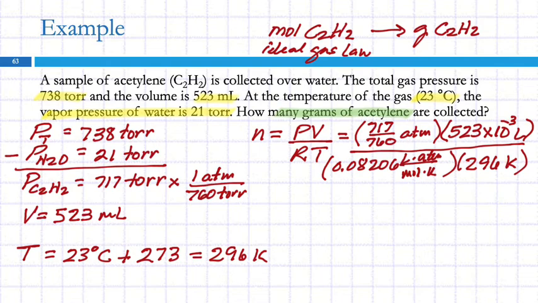And most barometers do not give you atmospheres. They're either going to give you torr, millimeters of mercury, or something stupid for science like inches of mercury. So 717 over 760, that's 0.943 if you're interested.